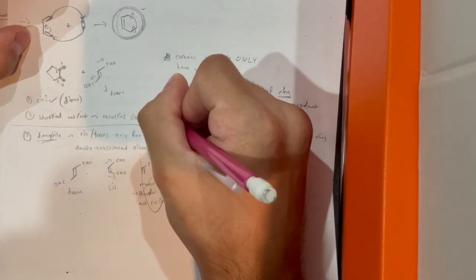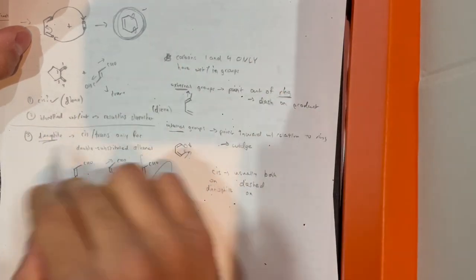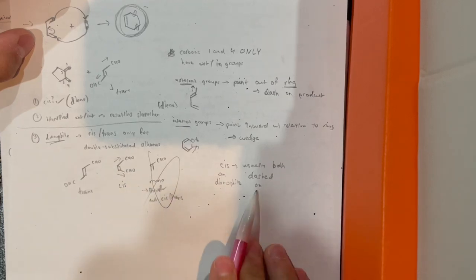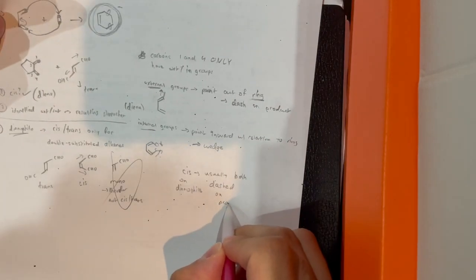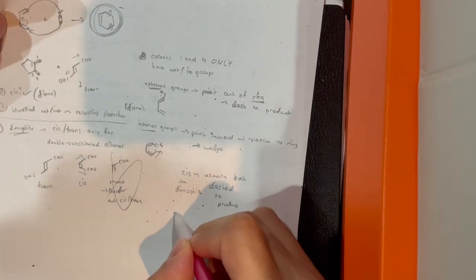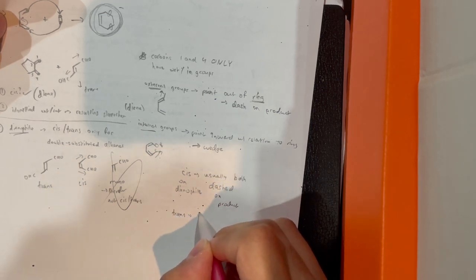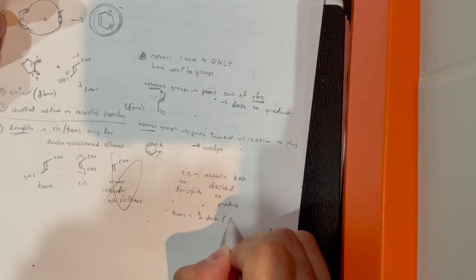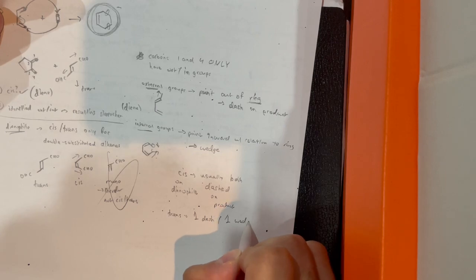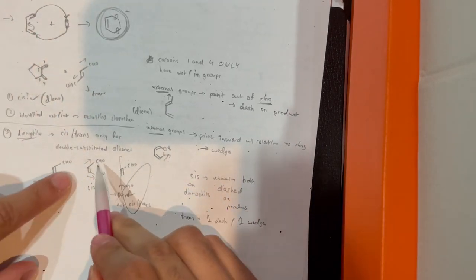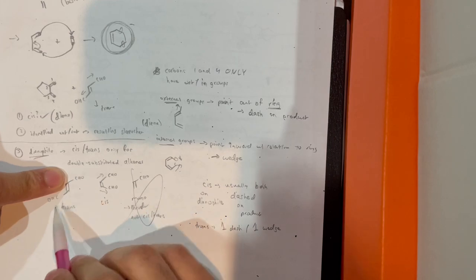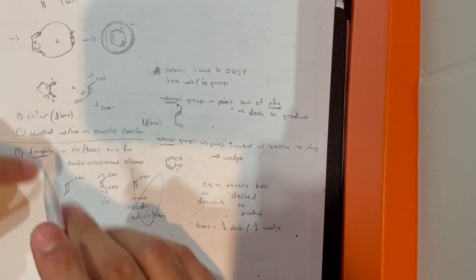We're going to keep this on the diene. Dienophile, dashed on product. That's for the cis. Trans, doesn't matter, obviously, one dash, one wedge. Whichever one you do, it doesn't matter. If this one's on a wedge, if this one's on a dash, if this one's on a dash, if this one's on a wedge, it doesn't matter.